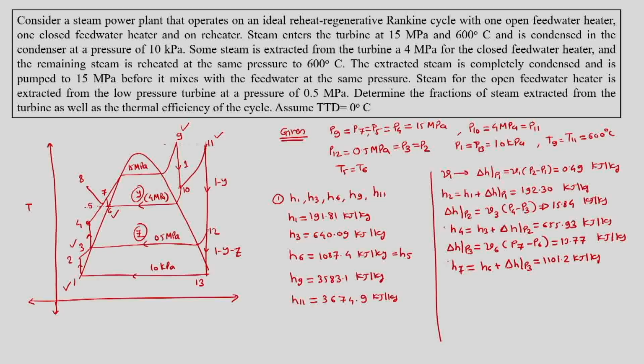Then we can find out Z, again from the fact that the Z amount of mass at enthalpy 12 loses its enthalpy to 3, where 1 minus Y minus Z amount of mass will raise its enthalpy from 2 to 3.